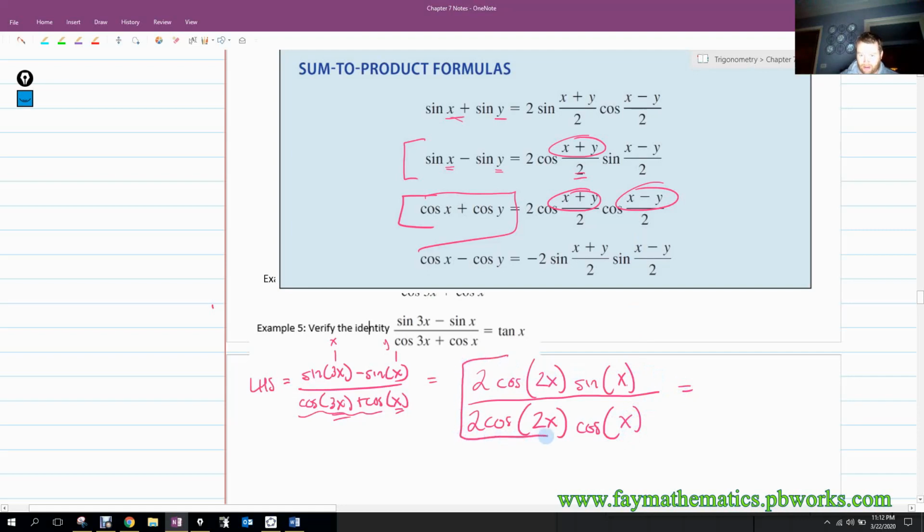Well, what do you notice about that? Gives you 1. They cancel out. So then you're left with just sine x over cosine x, which then is obviously tangent x, which is then obviously our right-hand side.